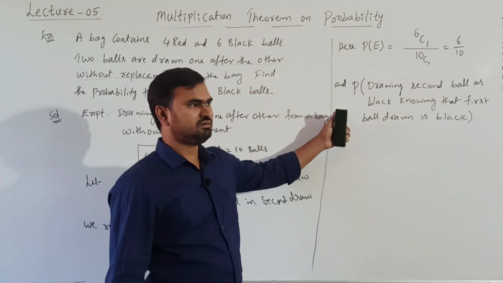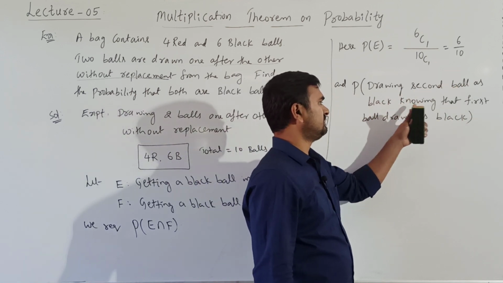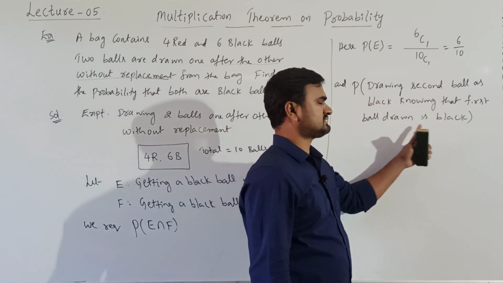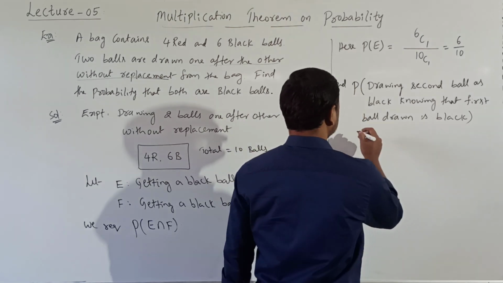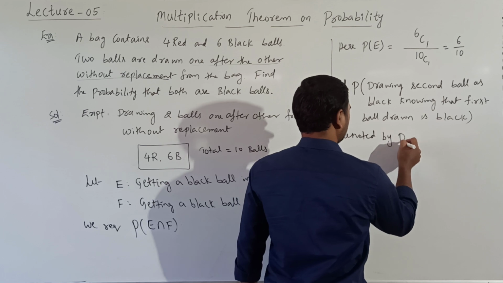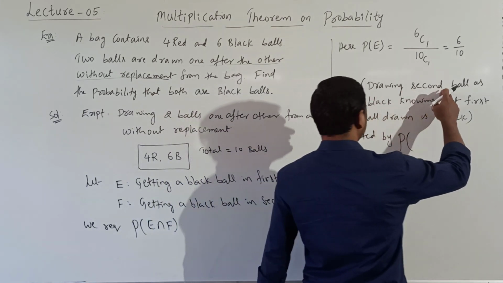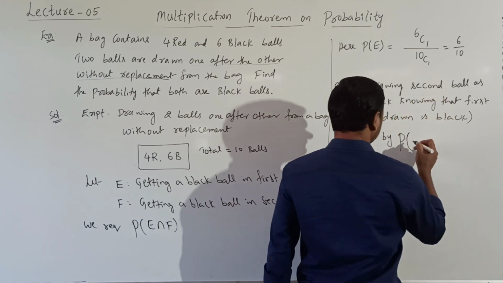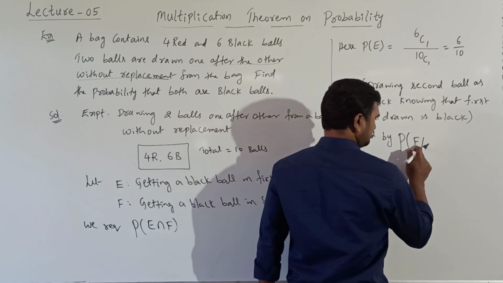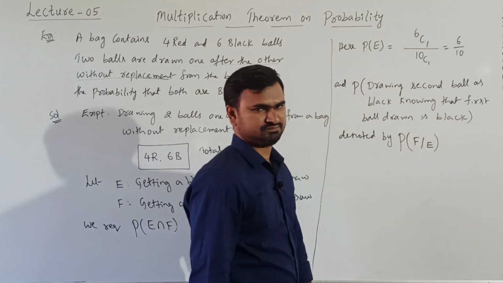We are interested in finding the probability of drawing the second ball as black, knowing that the first ball drawn is black. How do we denote it? The probability of the second ball drawn being black, event F, knowing that means given that the first event has already occurred.